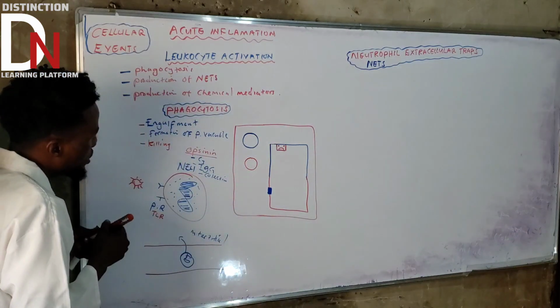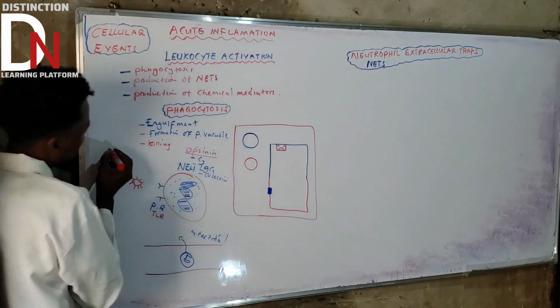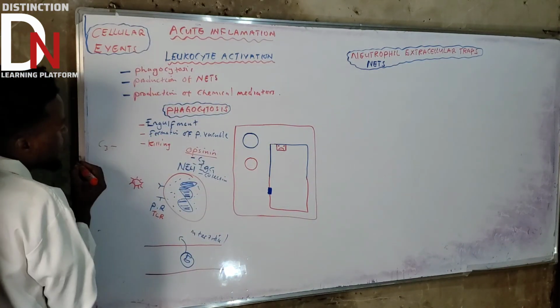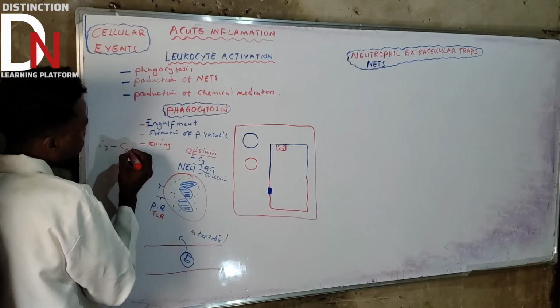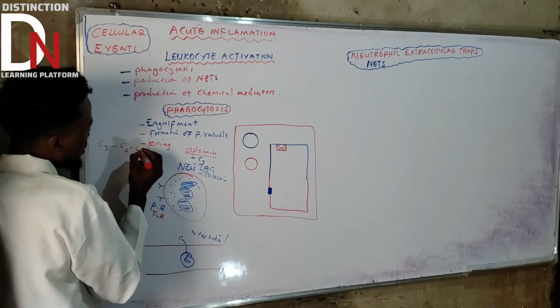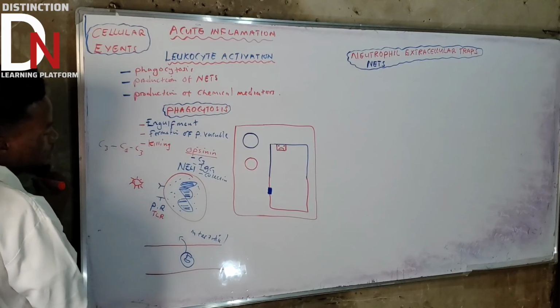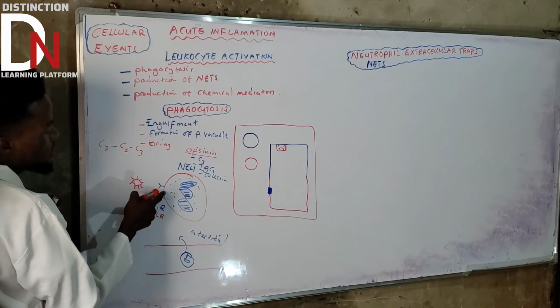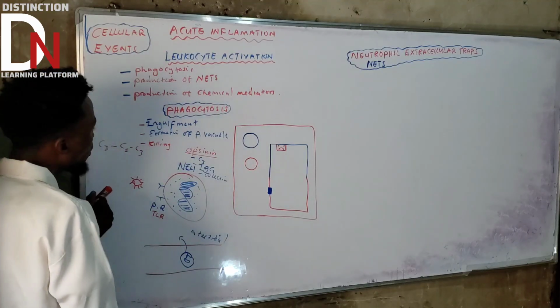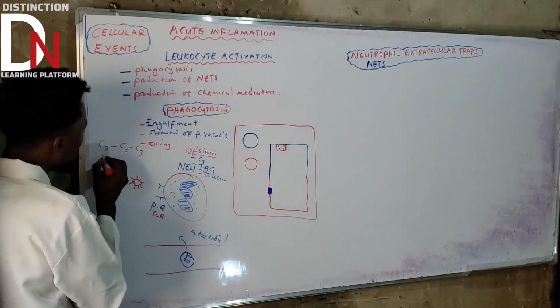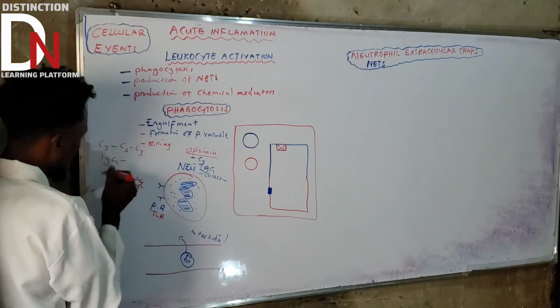So let's write here, the C3 receptor, basically that is the complement receptor type 1 and also complement receptor type 3, that is the receptor that can be found on the neutrophil membrane there. What else? Also for IgG, it has receptors.